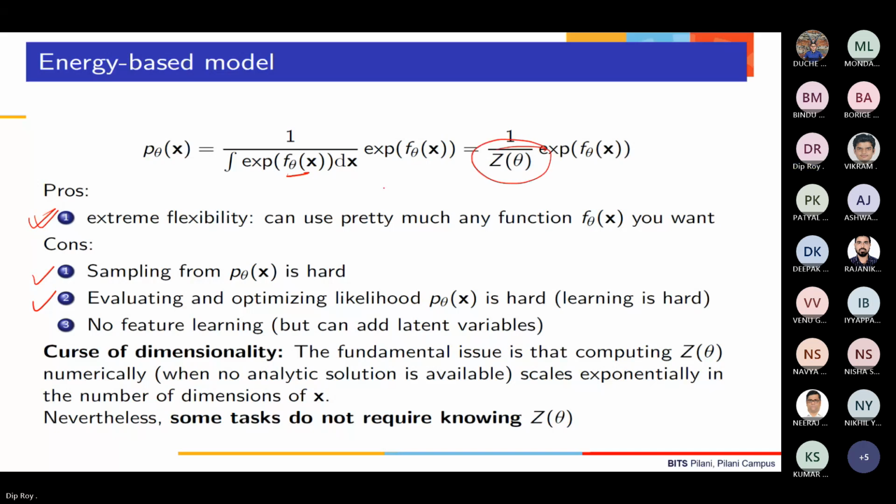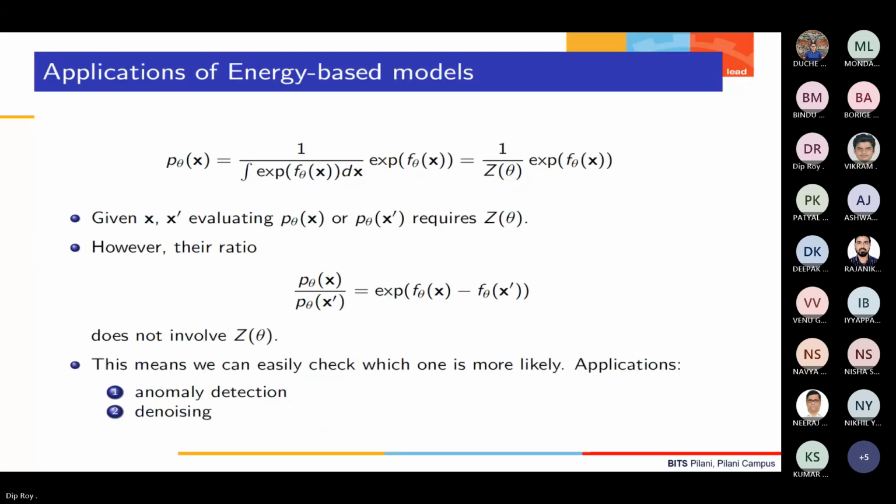But one of the key things you will realize in this entire discussion is that for some of the tasks, we really don't need the normalizing function. How? For example, this is our functional form, right?